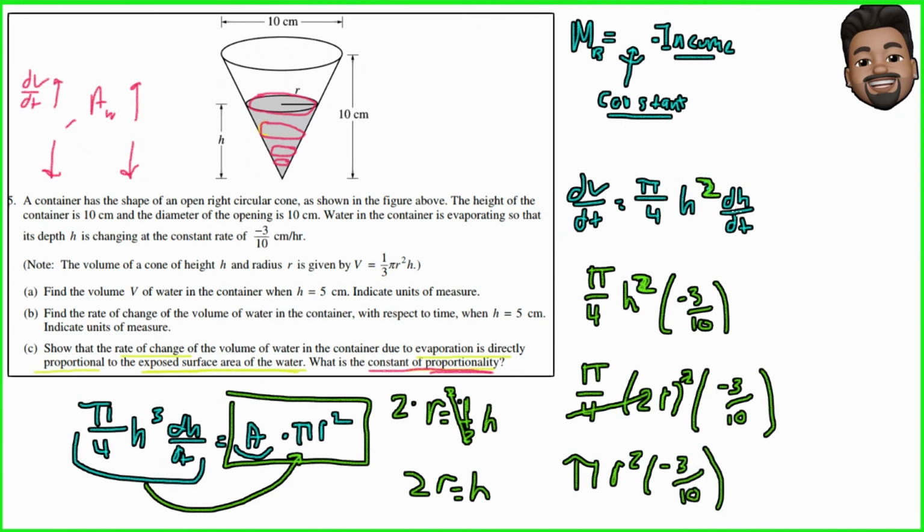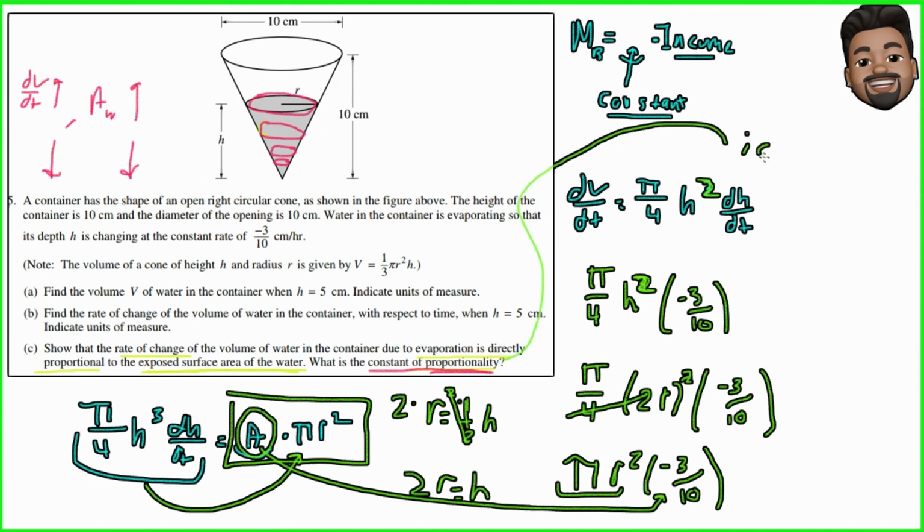We've slowly manipulated our rate of change of the volume to start to look like the area model. We have pi r squared, and the number in front is my constant of proportionality. It's what connects the two. What's connecting the two together is this negative 3 over 10. So now I know my constant of proportionality is negative 3 over 10.